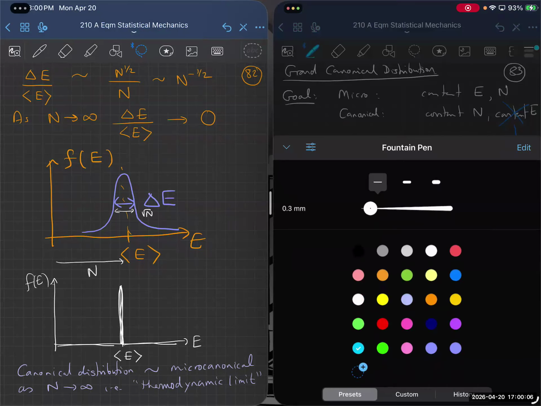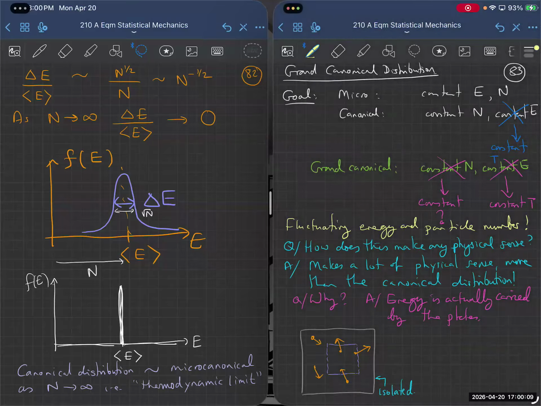This thing over here is the system that we apply statistical mechanics to. In other words, the system that I called capital S last week when we were doing the derivation of the Boltzmann distribution.